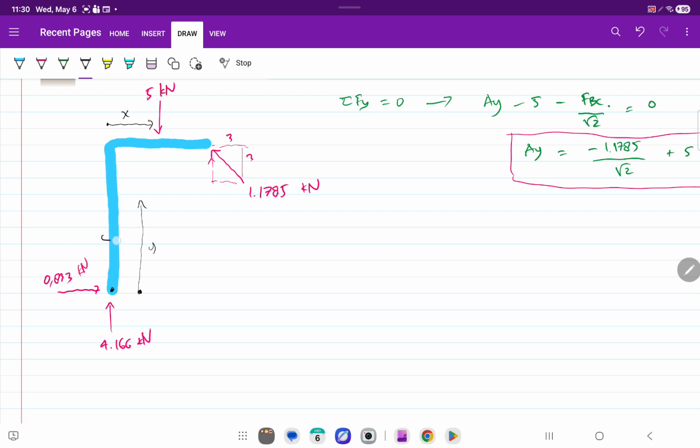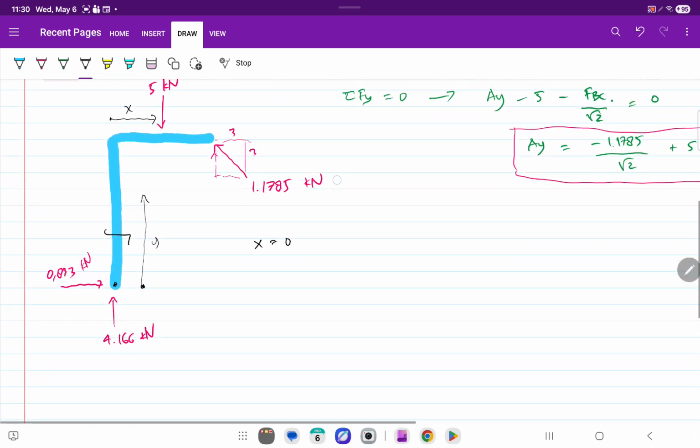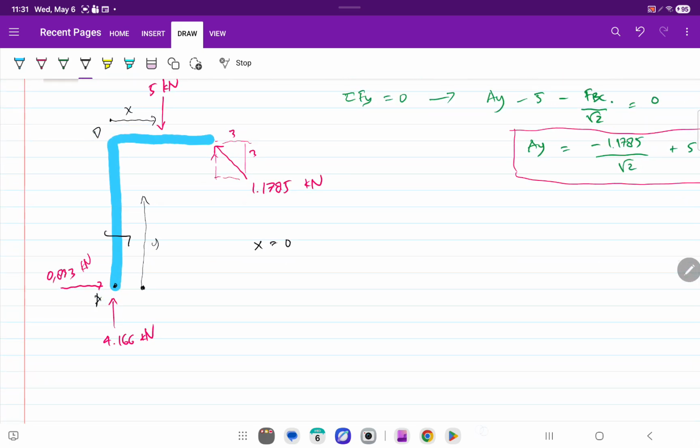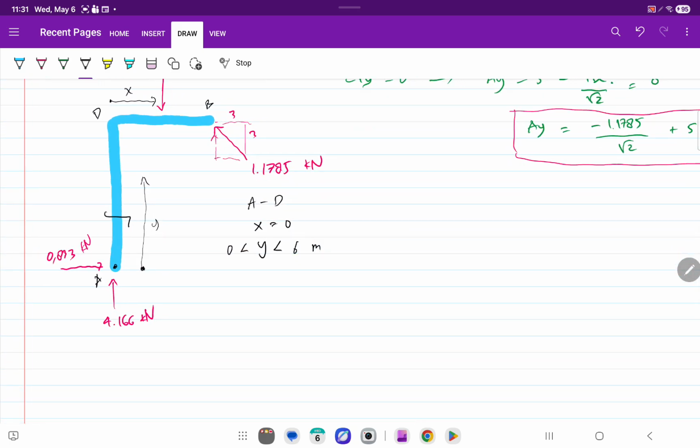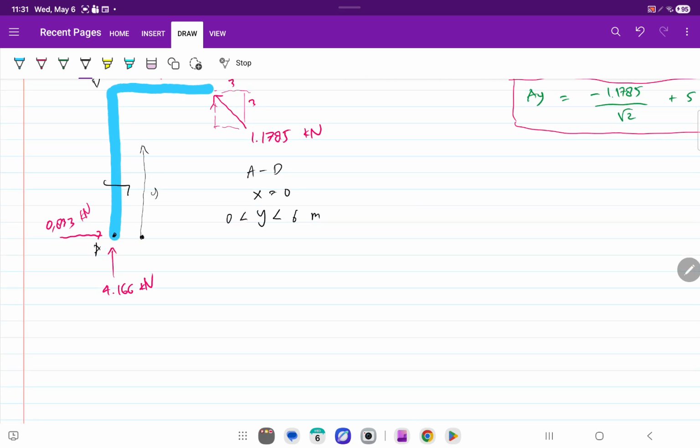The first section is for X equals 0, because along that line from A to D, this is A, this is D, this is B. From A to D, X is 0, Y varies from 0 to 6 meter, and then you can draw the cut section like this.